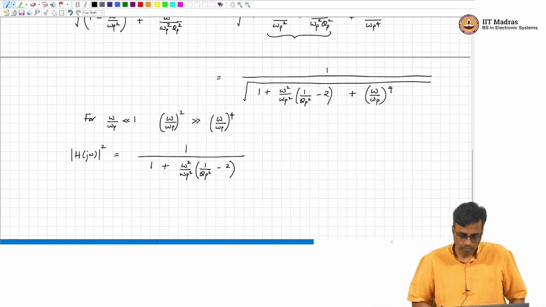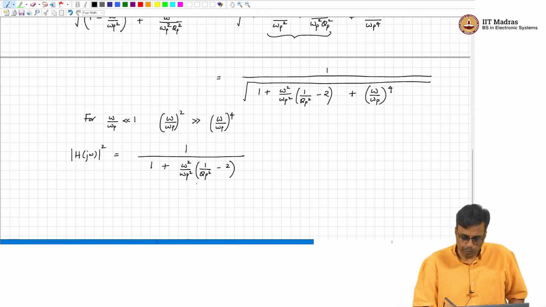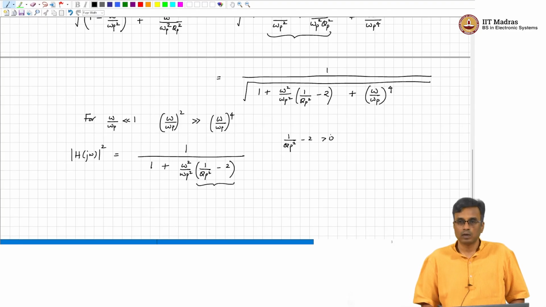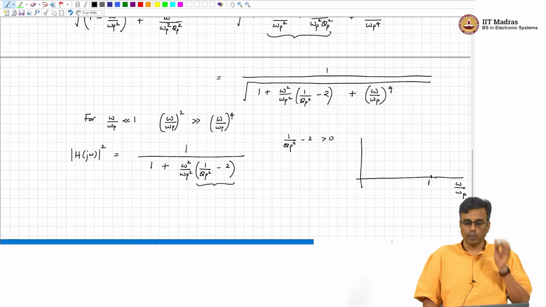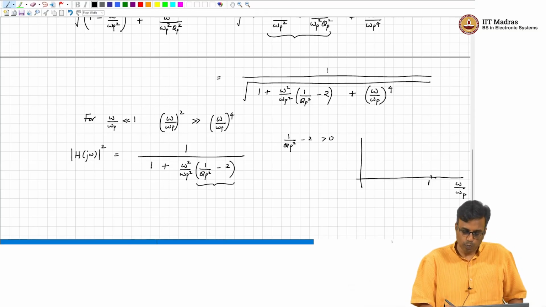So, if 1 by qp square minus 2 is greater than 0, for small omega by omega p, how will the magnitude response look like? This is omega by omega p, this is 1, let us say. At DC what is the gain?